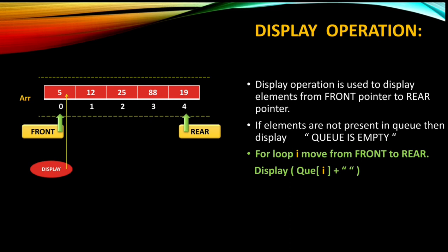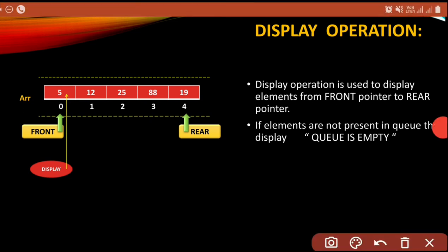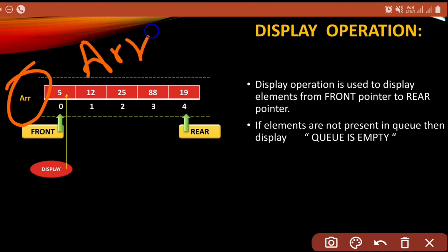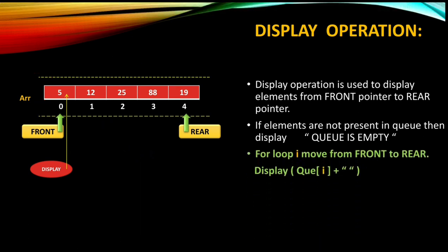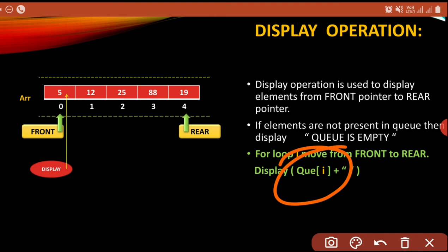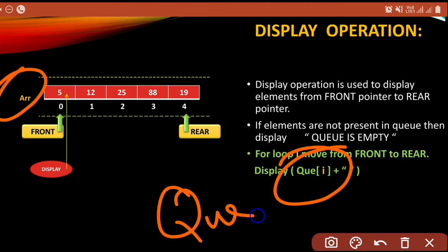I'm writing here ARR. Here I am writing ARR because in diagram I want to show any of the array you can have. So short form of array I am using, and in program I am using array name that is QUE.